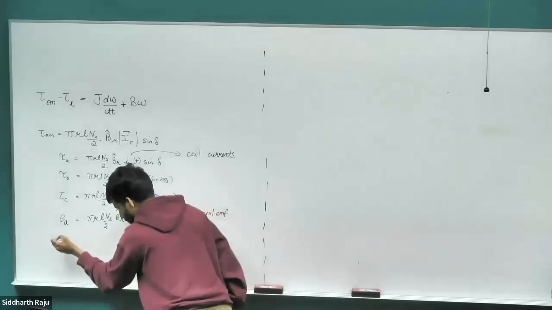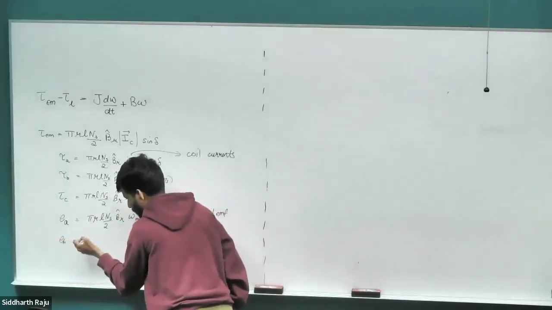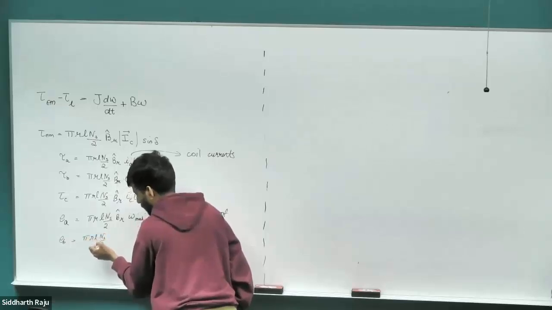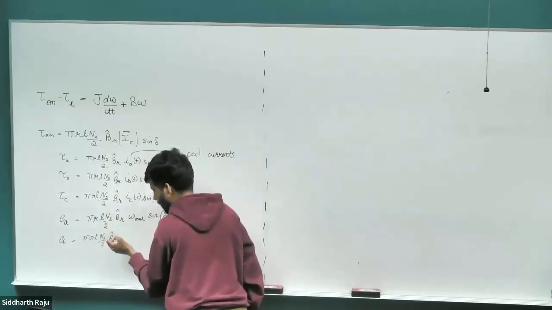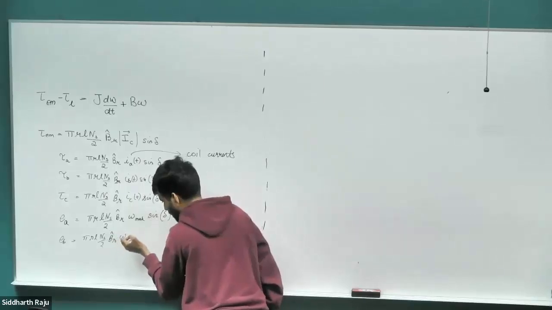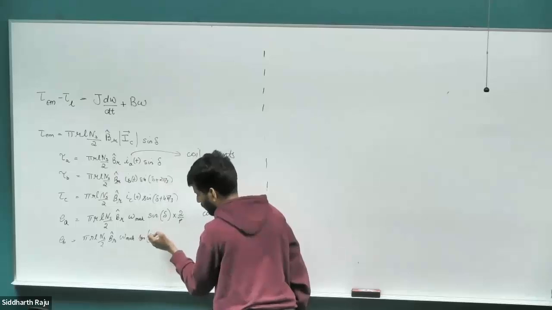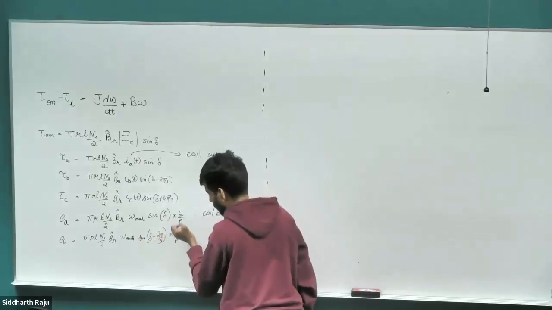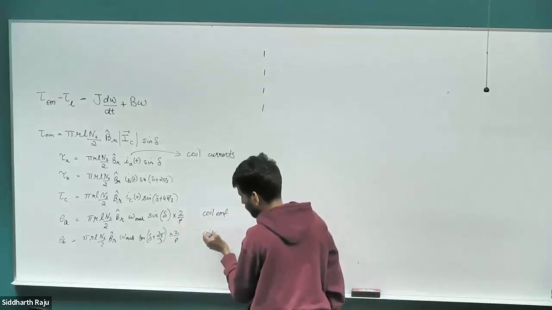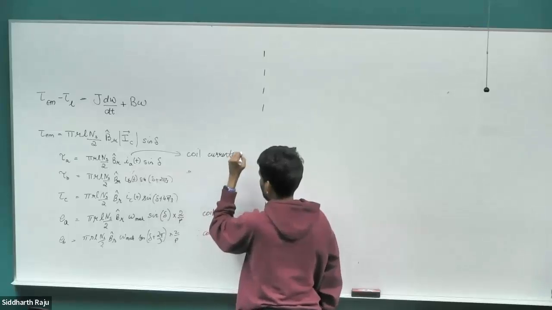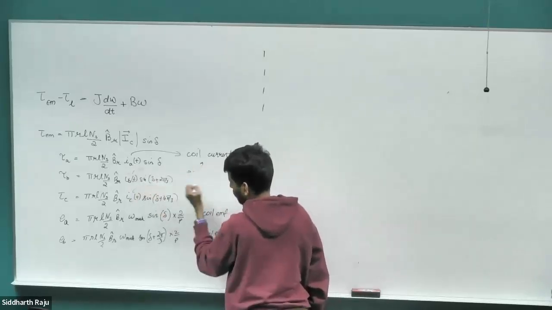And same thing for B phase. Pi RL NS divided by 2 BR magnitude omega mech sine of delta. Look at that extremely same repeating pattern, except for this 2 by p, which in a minute will disappear. So this again is coil current of B phase, coil current of C phase.